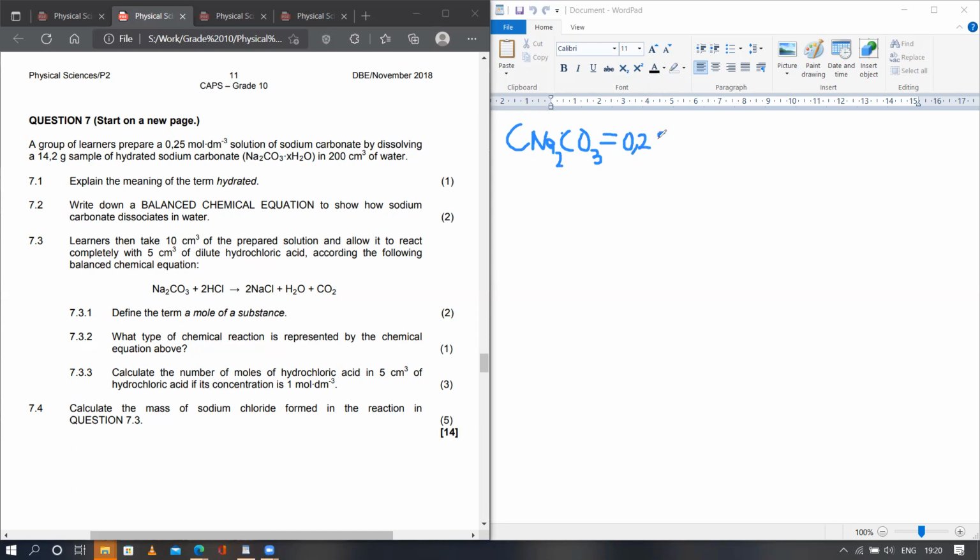They already gave it to us in its SI unit, so it's 0.25 mole per cubic decimeter. Also our mass is given in grams, so the mass is fine. 14.2 grams.